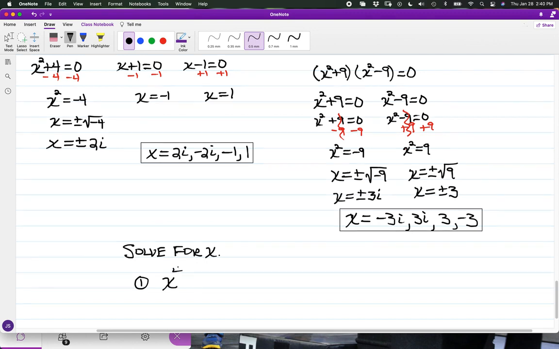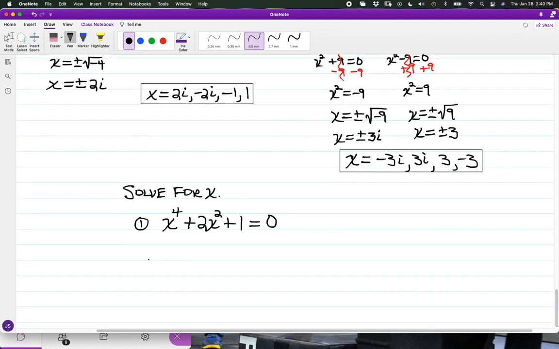Say if I have x to the fourth, and I say I have x to the fourth plus 2x squared plus 1 is equal to 0.